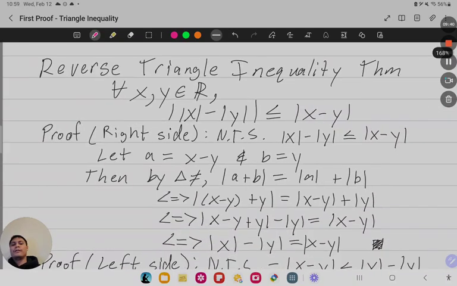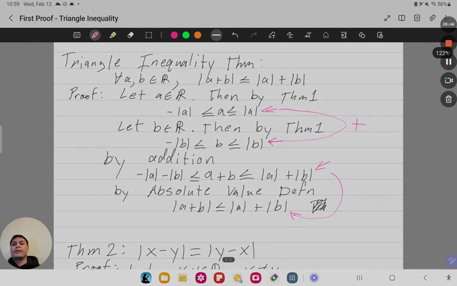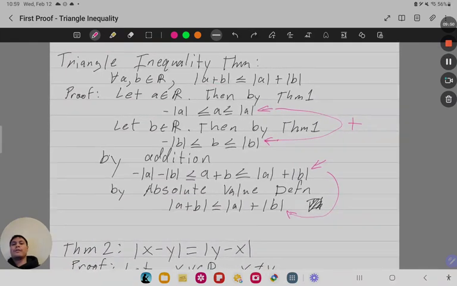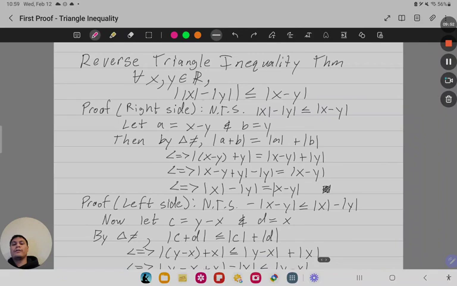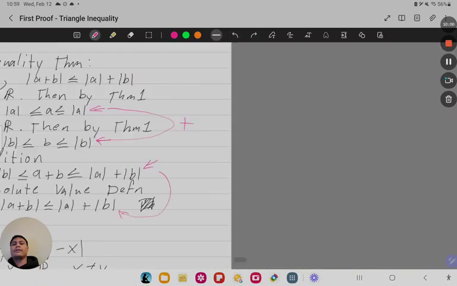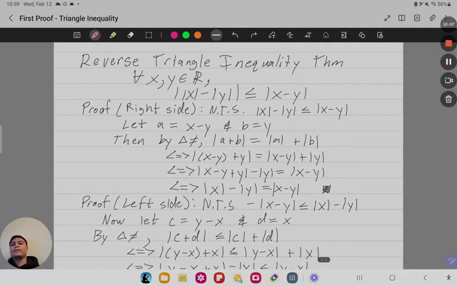And notice here, it really is the flipped version of the triangle inequality theorem, because if we took the regular triangle inequality theorem, we had a plus here. Over here, we're using minuses. And also notice that this two merged part is on the right-hand side, whereas in the regular triangle inequality theorem, it's on the left side. So it really is the reverse triangle inequality theorem.